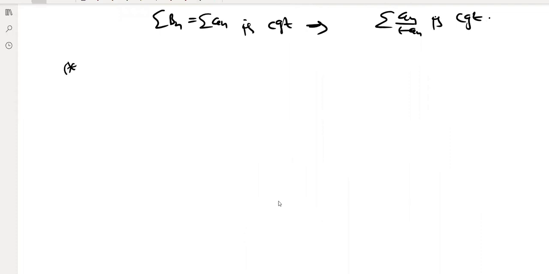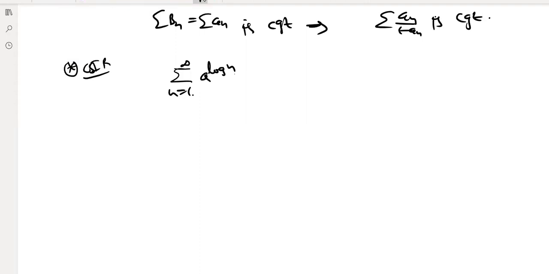Next, this is a CSIR question. For what values of a is the series a power log n, where n goes from 2 to infinity, convergent? Of course, this is possible for n equals 1 also.